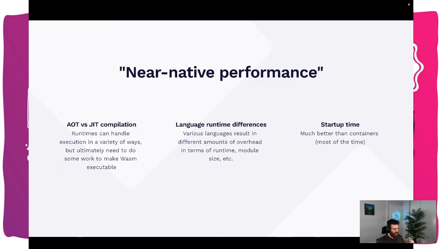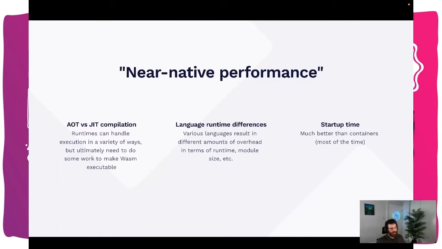However, this can vary depending on the programming language, the WebAssembly runtime, and a bunch of other factors. One of the important things to note is that a WebAssembly runtime can execute WebAssembly code in ahead of time or just in time compilation strategies. And this can change the performance characteristics of your application.